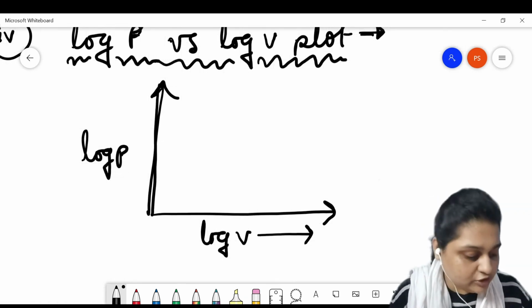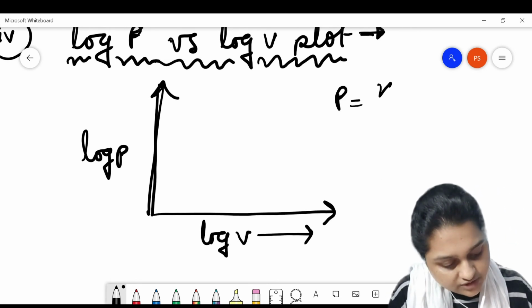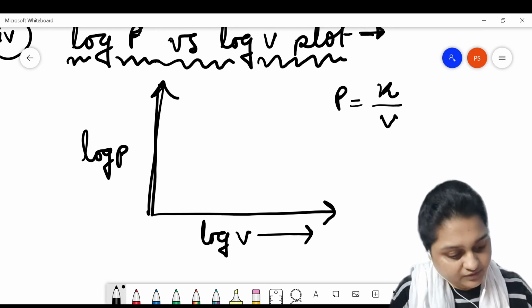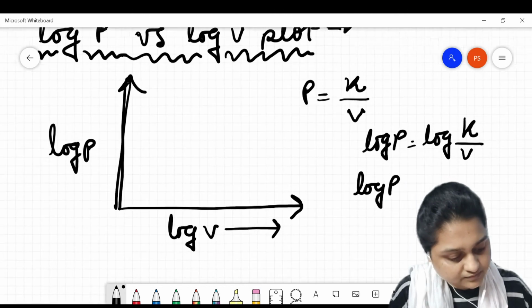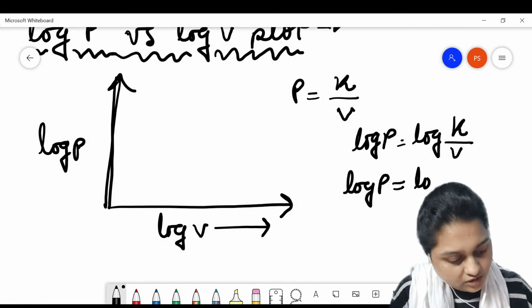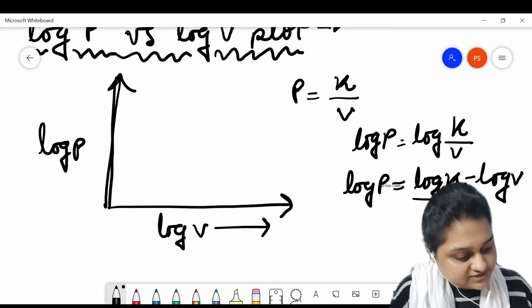To draw this plot, we need to take help of the P equals to K by V expression. Now I am going to take log on both sides. Log of P equals to log of K minus log of V. Here log of K is the constant term.